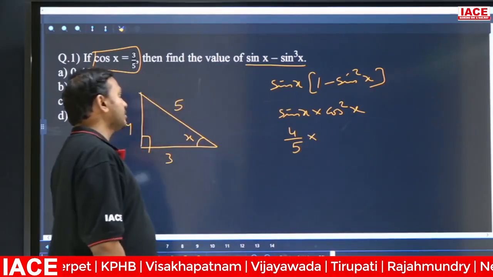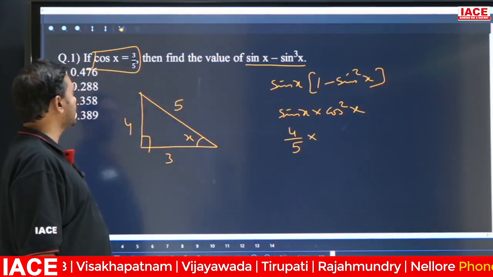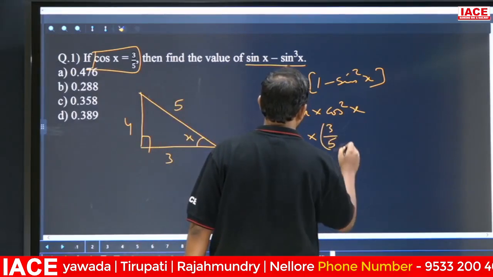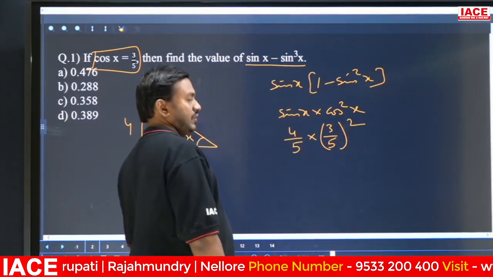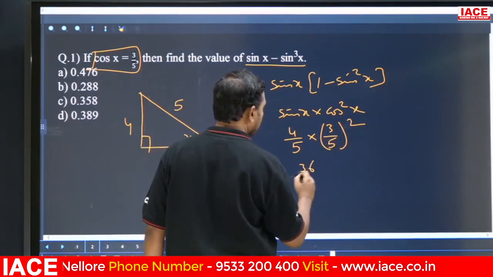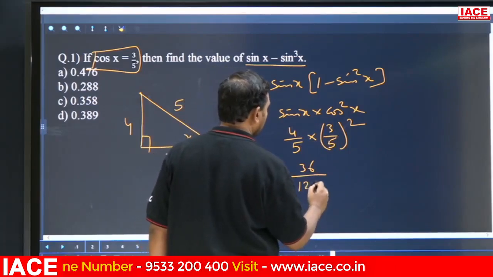Into cos square x. Cos x is 3 by 5, whole square, that is 9 by 25. So 4 by 5 into 9 by 25 gives 36 by 125.